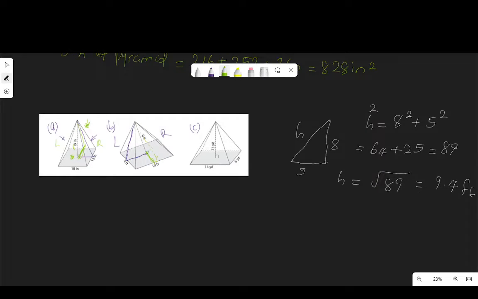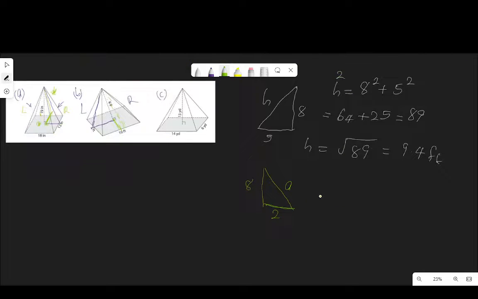When I drop another line here, I will have something like this: the vertical height, which is 8 feet, and then the base of the triangle, which is half of this 4 here, and half of 4 is 2. This height is what we're looking for, which is this line I was trying to draw with a dotted line. Let me call that a.